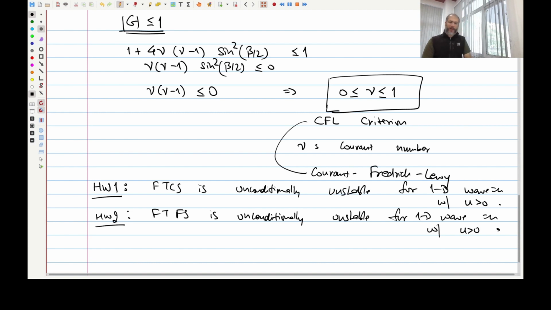So actually we are not left with many options. It's only the forward time, backward space that is conditionally stable. The condition being that the Courant number has to be between 0 and 1. Backward time center space, I don't think that will work. But you can check.